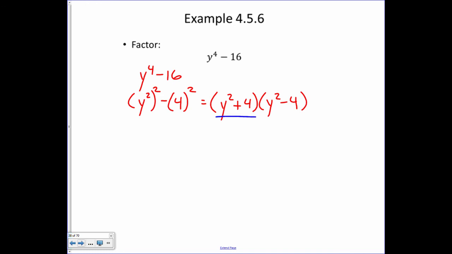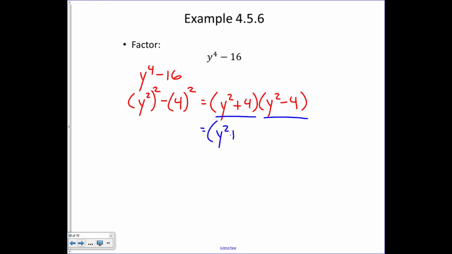Now the first term, y squared plus 4, is what's known as a sum of squares, and a sum of squares cannot be factored. You just have to leave that term the way it is. But y squared minus 4 is still a difference of squares.